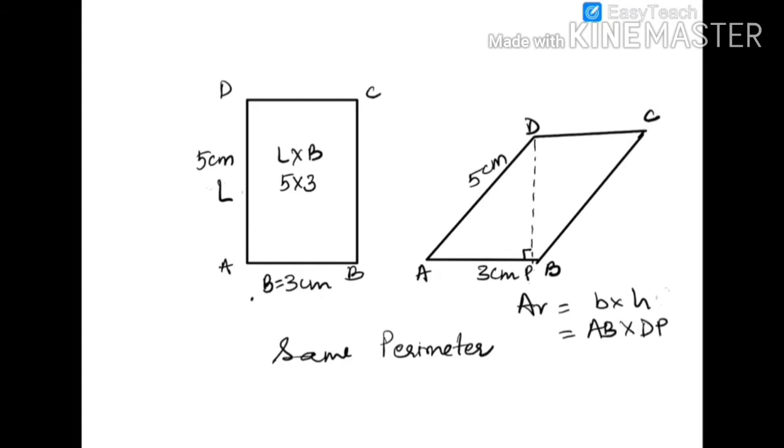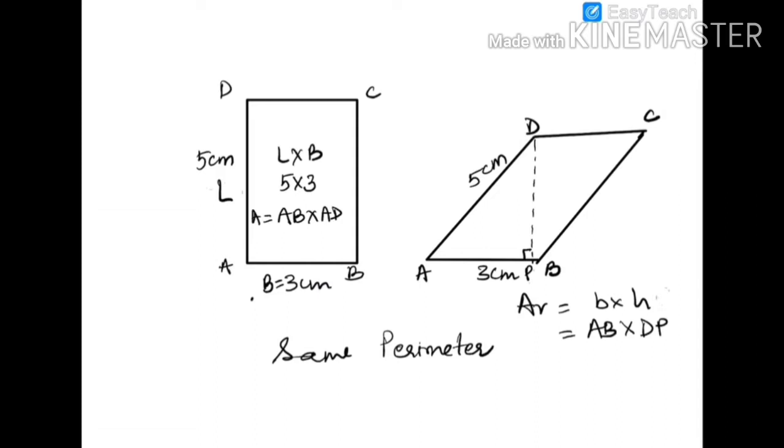Now DP will definitely be smaller than AD because in this right triangle ADP, AD is the hypotenuse which has to be the longest side. Since DP is smaller, this product AB into DP will be smaller than the product AB into AD, which is the area of rectangle.